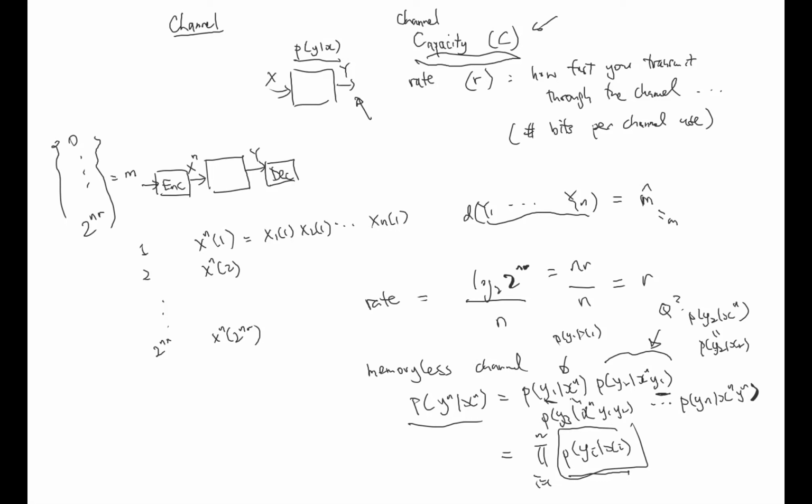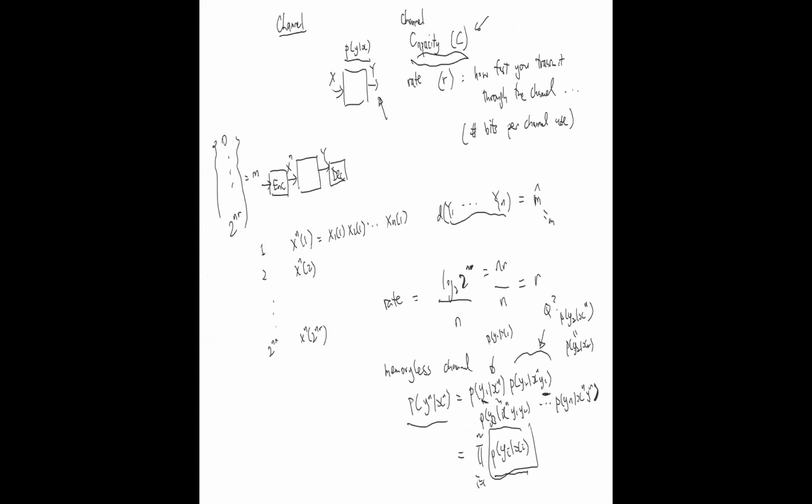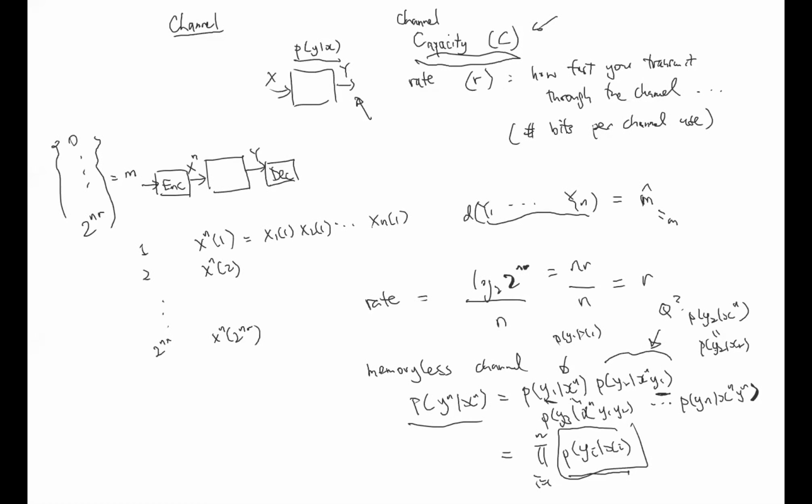Think of how much information you can transmit through this channel: you think of how much information is overlapping between the input and output, right? So it probably won't be too surprising to find that the channel capacity is the mutual information between X and Y, basically how much information is shared.